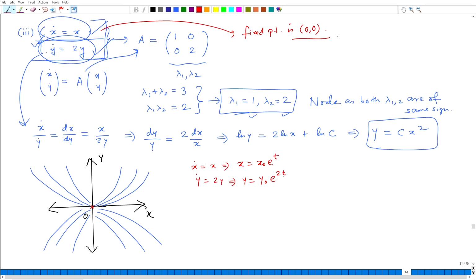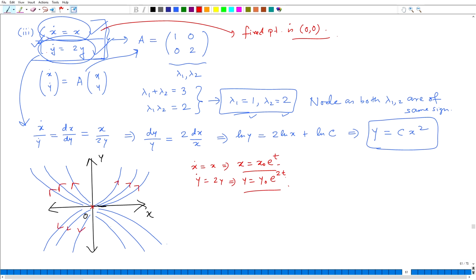So, then you can simply say that, although the phase space trajectories are no longer straight lines, both of them are increasing the amount of perturbation with time, and that is why we can draw this with outward arrows.